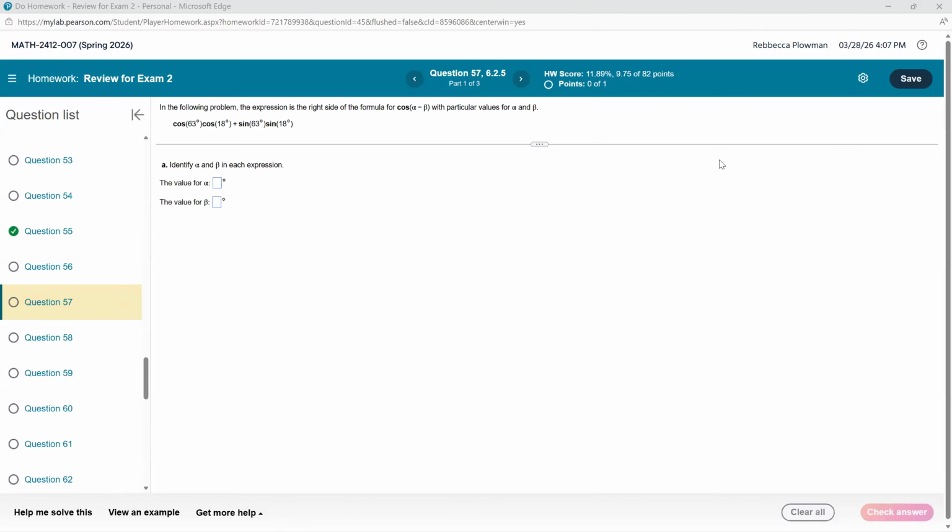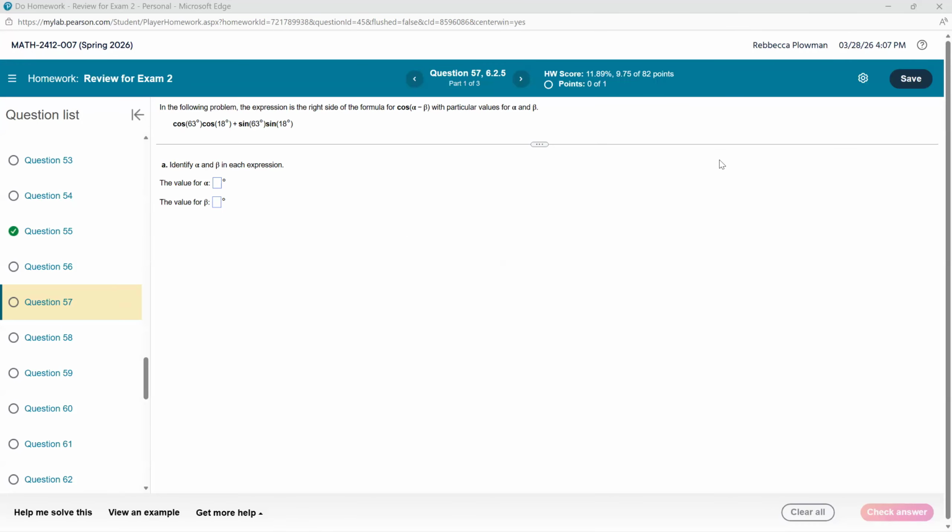So here we got cosine of 63 degrees, cosine of 18 degrees, sine of 63 degrees, and sine of 18 degrees. So what you notice is we got a cosine alpha, cosine beta, sine alpha, sine beta.